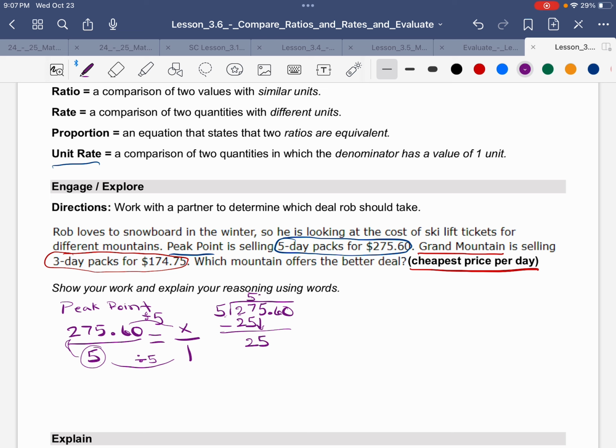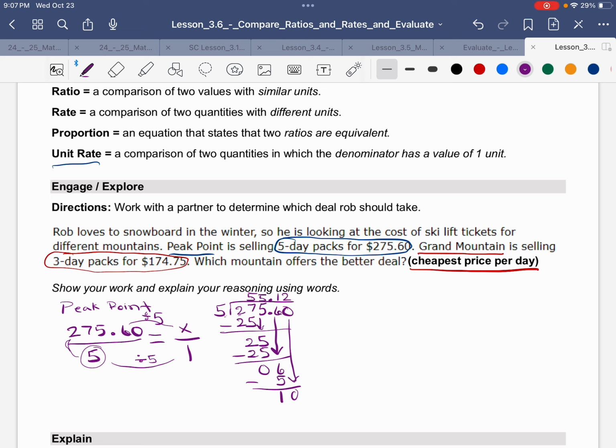Oh, we can make another group of 5. That'll give us 25. Subtraction, that's 0. Bring your 6 down. I can make, oh yeah, put my decimal so I don't forget that. With 6, I can make one group. That's 5. Do your subtraction. Bring your 0 down. Oh, and then we can make 2 groups with that.